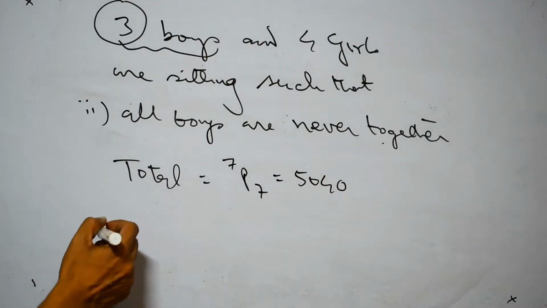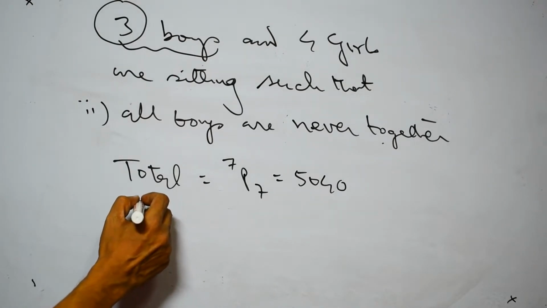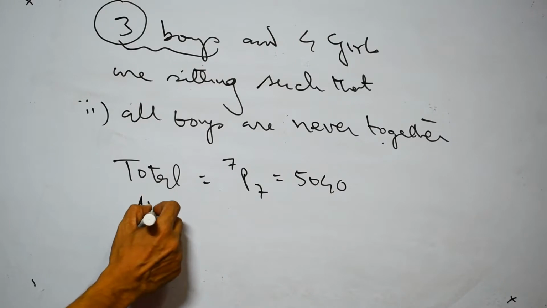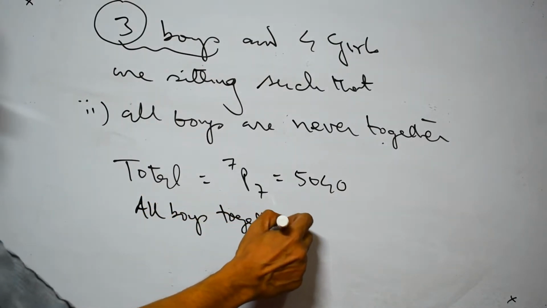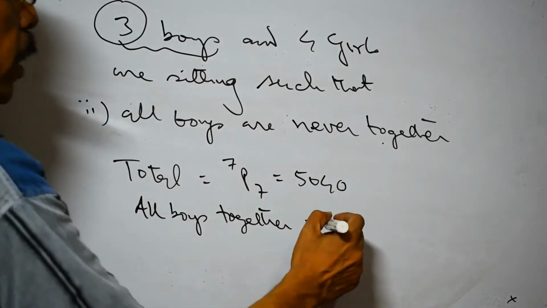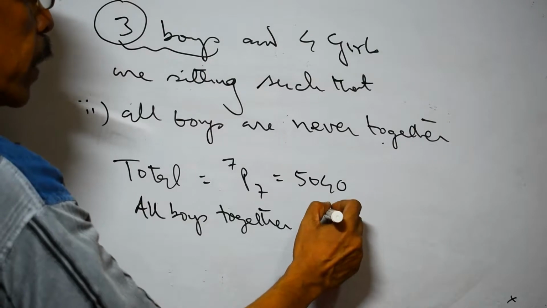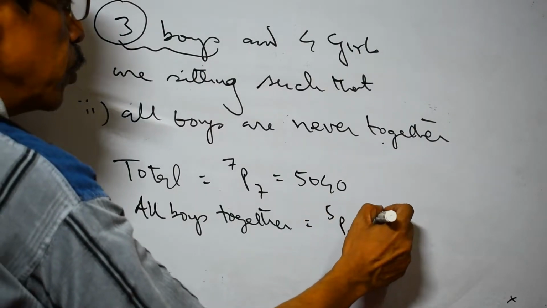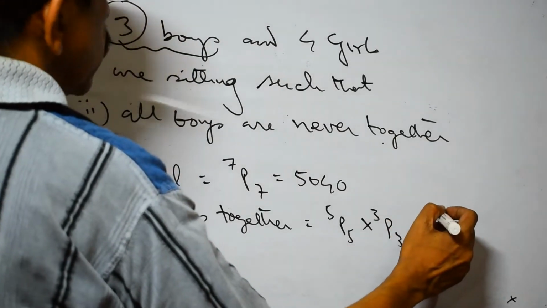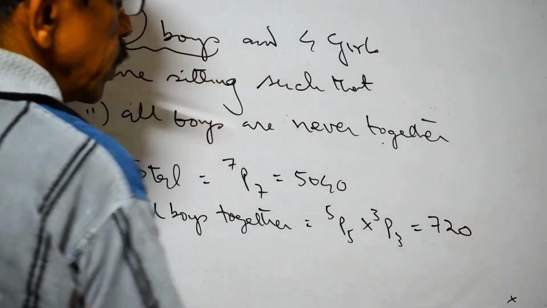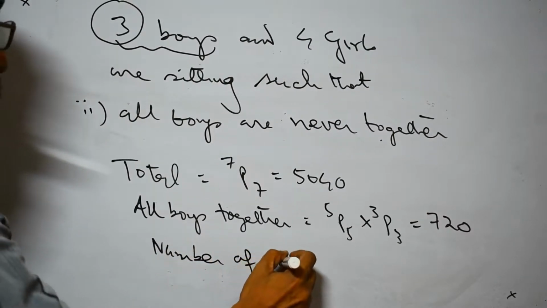Now just now we have calculated all boys together, which is 5P5 into 3P3, and 3P3 is 6.